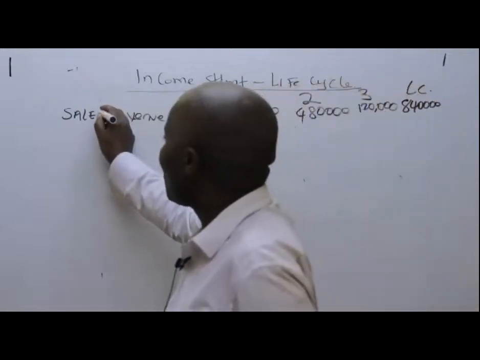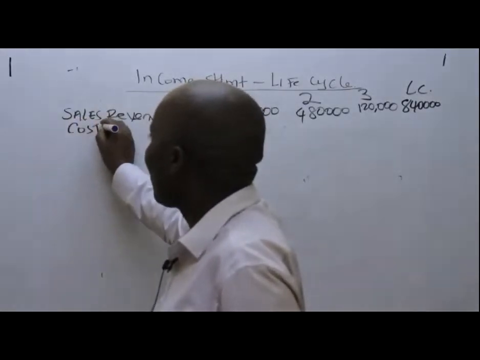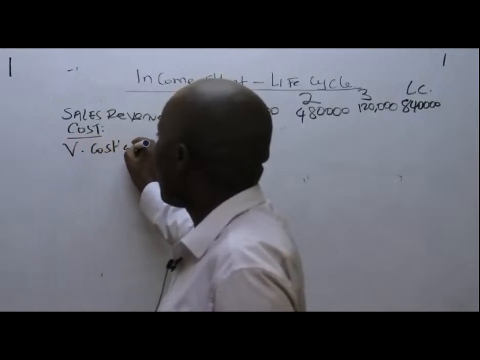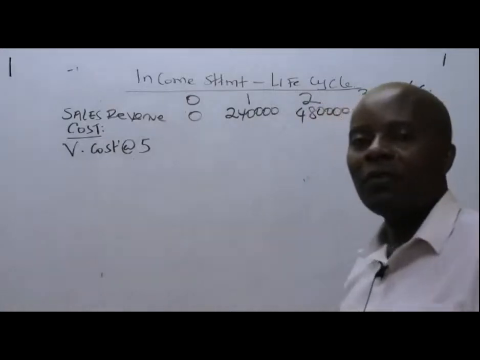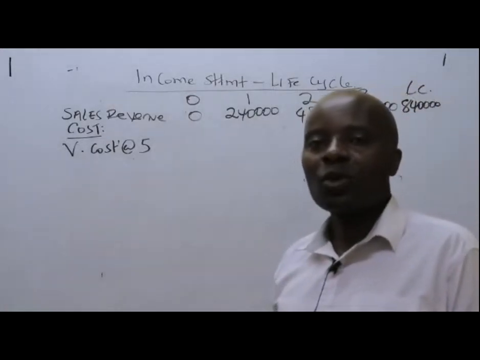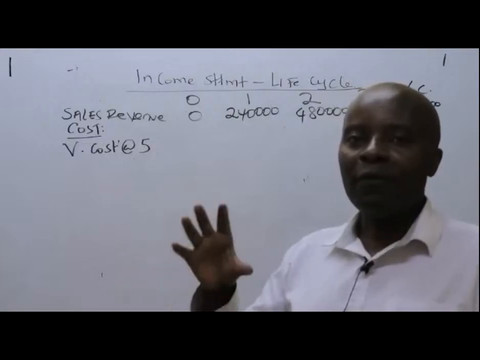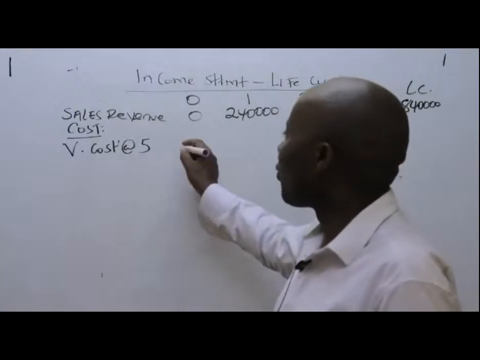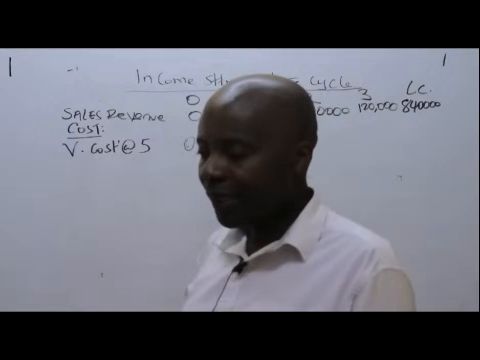Now, after that, ladies and gentlemen, I would want us to go to the next thing, which is the cost, where we shall start with variable cost. Remember, we already calculated variable cost and got a figure of 5 per unit. So ours will be to take the number of units multiplied by 5. Year 1 units are 80,000.